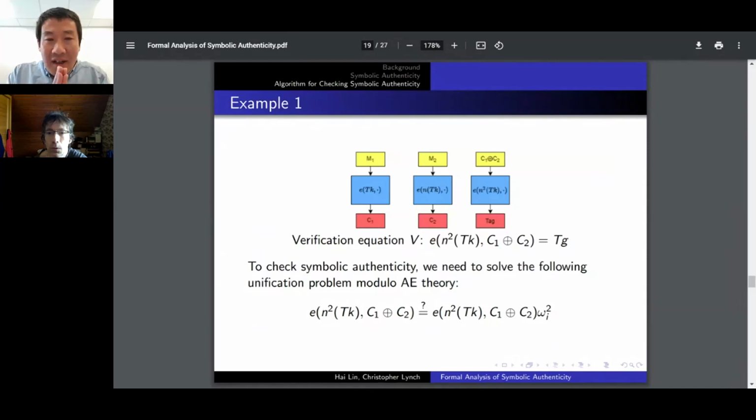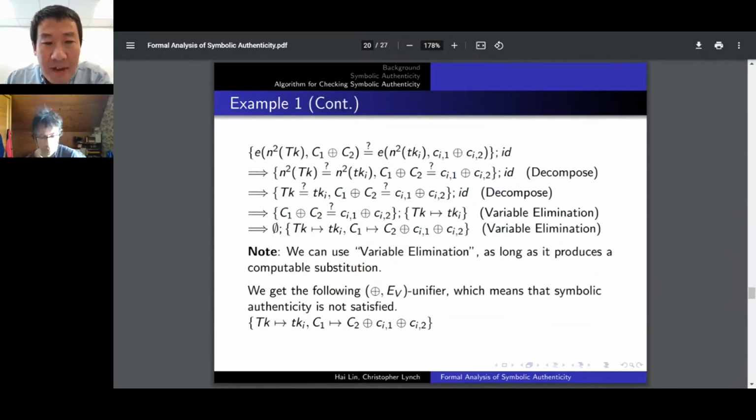So if we go back to our previous example, we can solve this unification problem, again, modulo the AE theory, in a straightforward way using standard inference rules. And the key is that we can use the variable elimination rule as long as it produces a computable substitution.